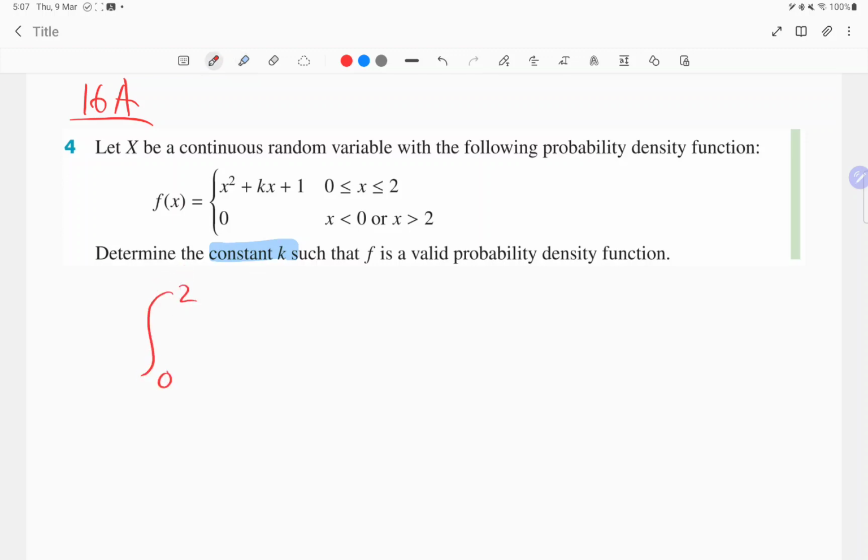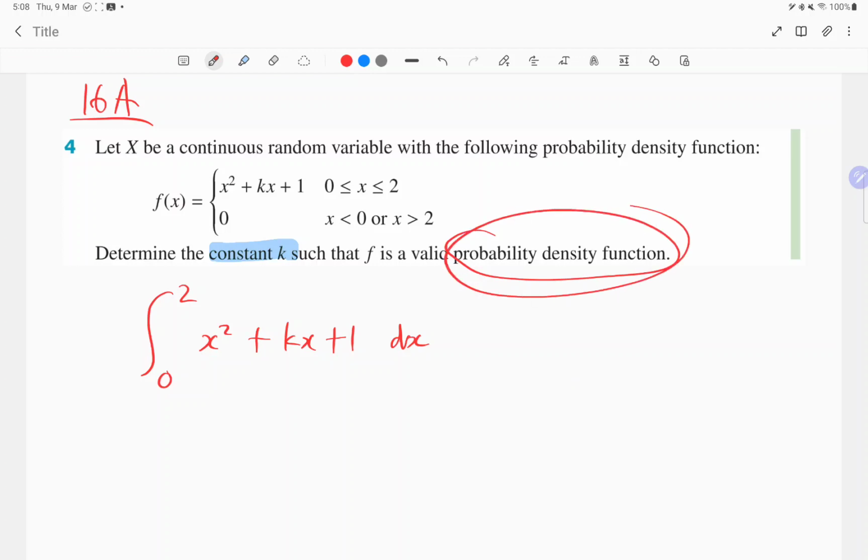Yes, antiderivative by the boundary 0 and 2 of the function, and then? The final answer will have k in it, right? But for it to be a PDF, the area is equal to 1. So how do we continue here? Equals to 1. Yes, because we know that this is a PDF, that's why we can say that this is equals to 1, and then solve for k.